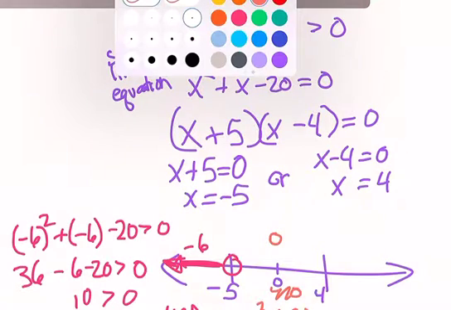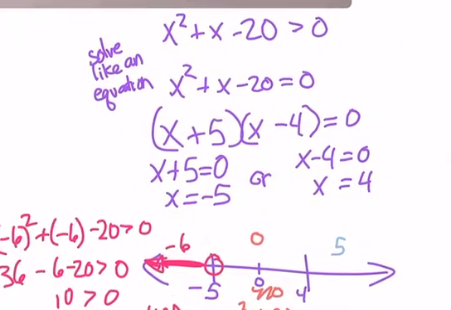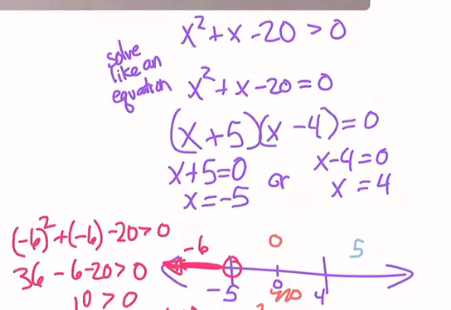And finally, on the other end, I'm going to go with the grayish blue, and we're going to pick a number greater than 4. What's a number greater than 4? Let's go with a 5. So I'm going to come back up here and say, if x is 5, I'd have 5 squared plus 5 minus 20. So 25 plus 5 minus 20, is 10 greater than or equal to 0?